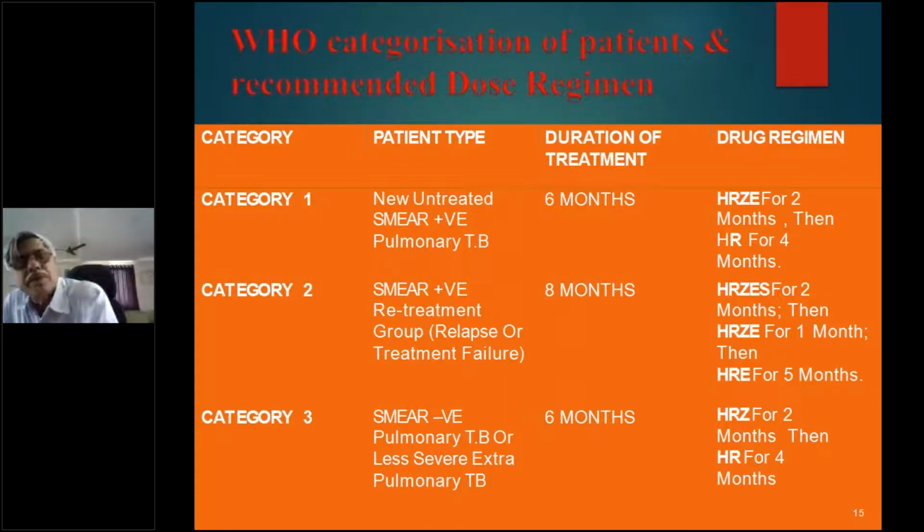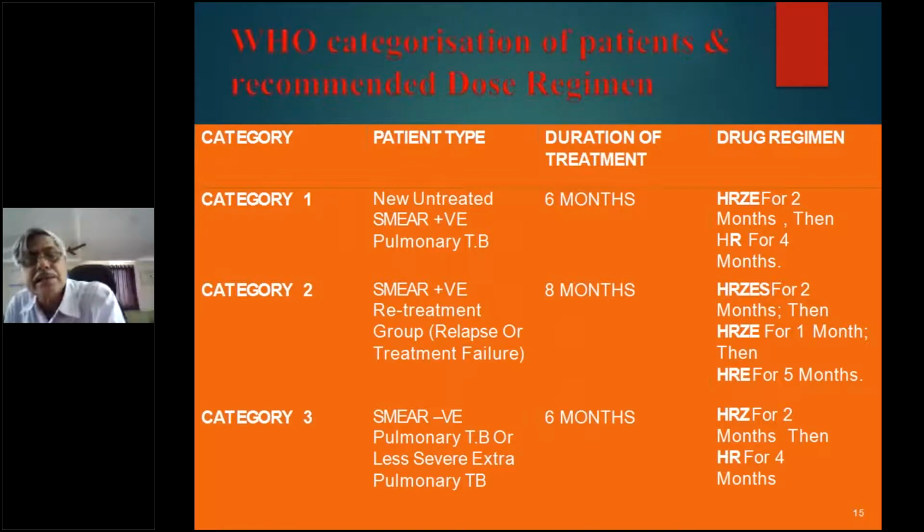So the sputum may be negative but the X-ray positive, and the symptoms should also be there. What are the various symptoms I told you? Cough for more than 2 weeks, loss of appetite, weight loss, malaise, night sweats, sometimes hemoptysis. They're all symptoms of tuberculosis. So along with symptomatology, smear negative but X-ray is positive.